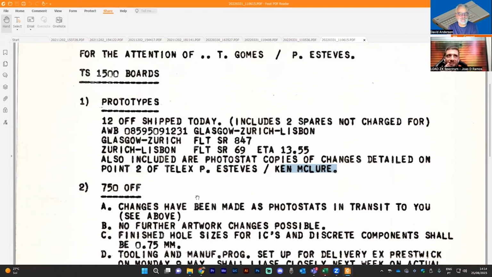I'm avoiding the word design because I don't know if the design was made by the supplier of the PCB or if it was made by the engineering team and then, like we do nowadays, we just hire the printing, the manufacturing service. So I don't know what Prestwick did in that sense, if they did the placement of the components or if they got that and just implemented it. That part I don't know. Okay.